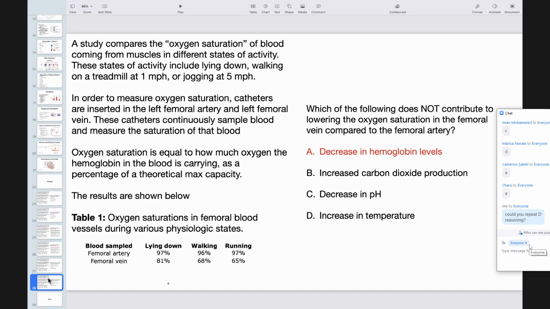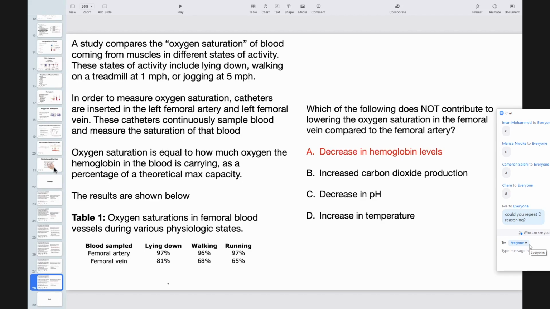Hemoglobin doesn't disappear as you go to the capillaries. It's just the saturation drops because it's kicking off that O2. So hemoglobin levels going from the femoral artery to the femoral vein will be the same. It's the saturation that changes. So there will be no change in hemoglobin levels between the femoral vein and the femoral artery, so that's not going to contribute to anything.